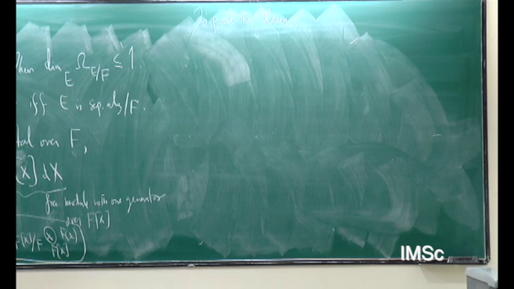Okay. So more precisely, there is a natural map in this direction. When I write equality, what do I mean? I mean that there is a map which is an isomorphism, right? What is this map?